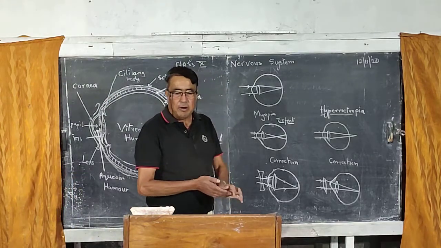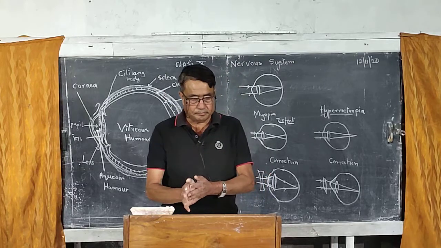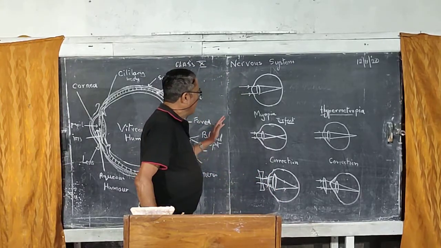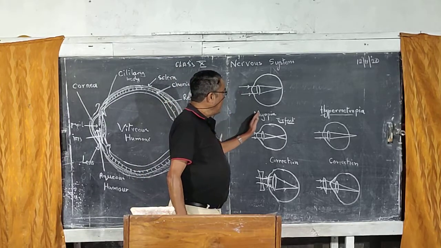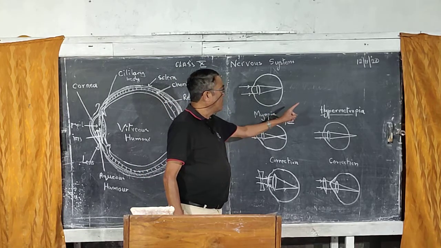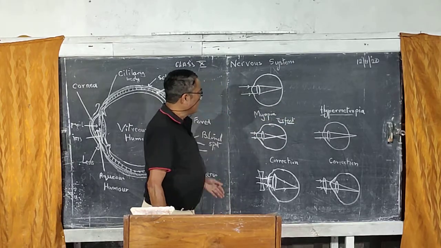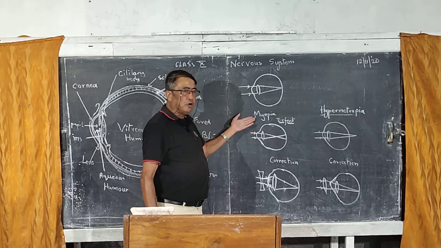Now the defects of the eye. The two main defects are myopia, short-sightedness, or hypermetropia, long-sightedness. So let us deal with myopia, short-sightedness.